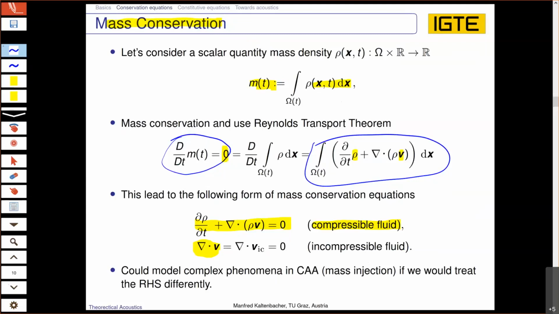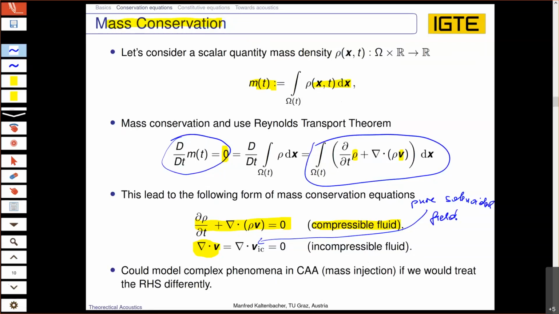For us from physics, what we now already get is when we look at this part and say that the divergence of the velocity is zero, this index IC means incompressible, that this is a pure solenoidal field.